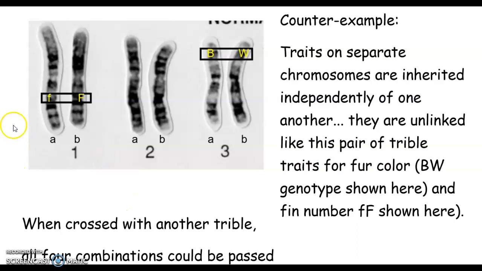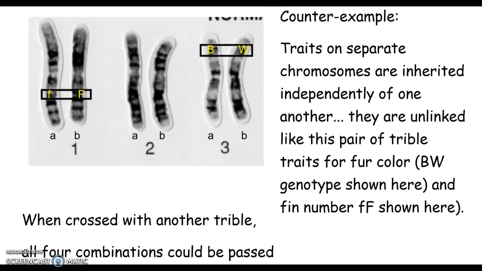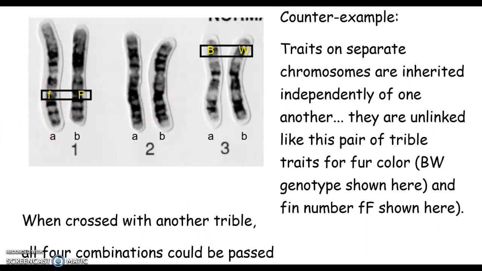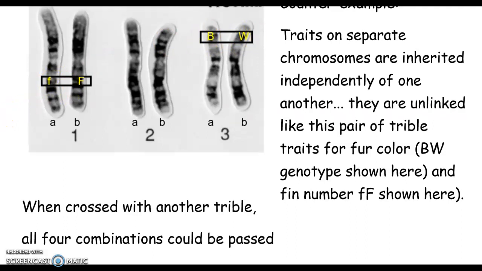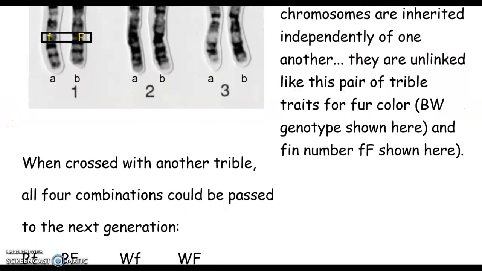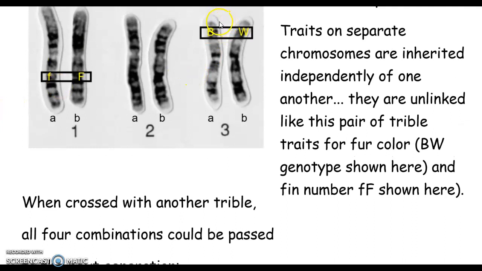And so now these two traits, when this individual is crossed with another, the fur color and the fin number traits are completely independent of one another. So all 4 combinations could be passed on to the next generation, right?